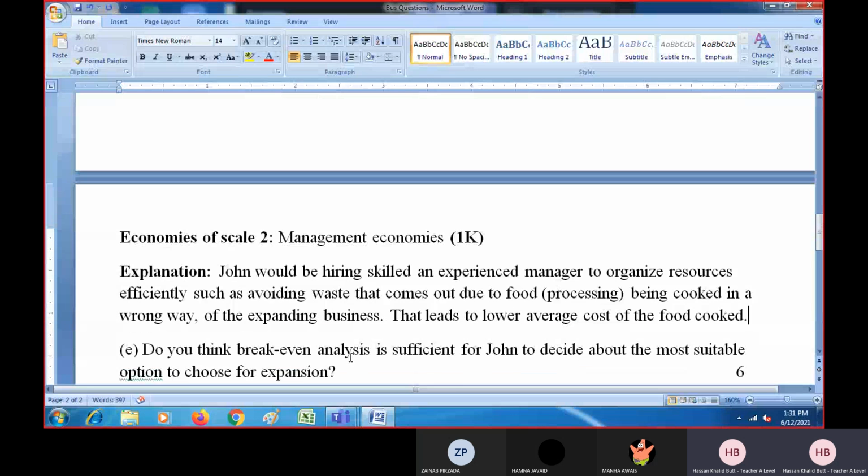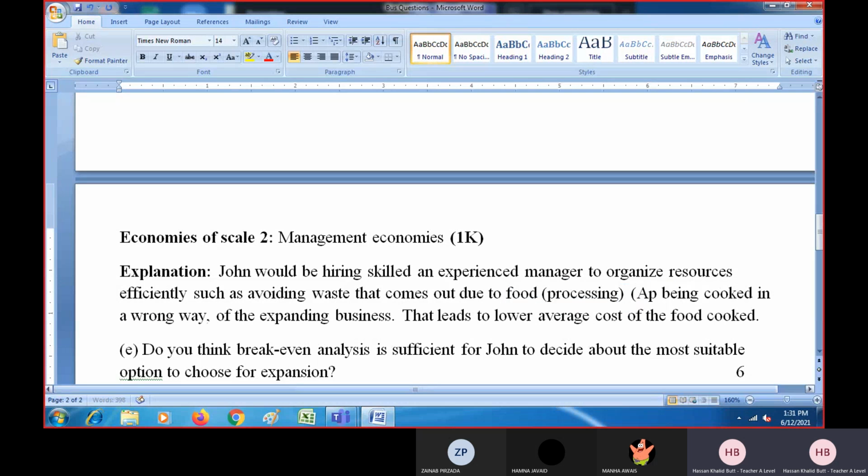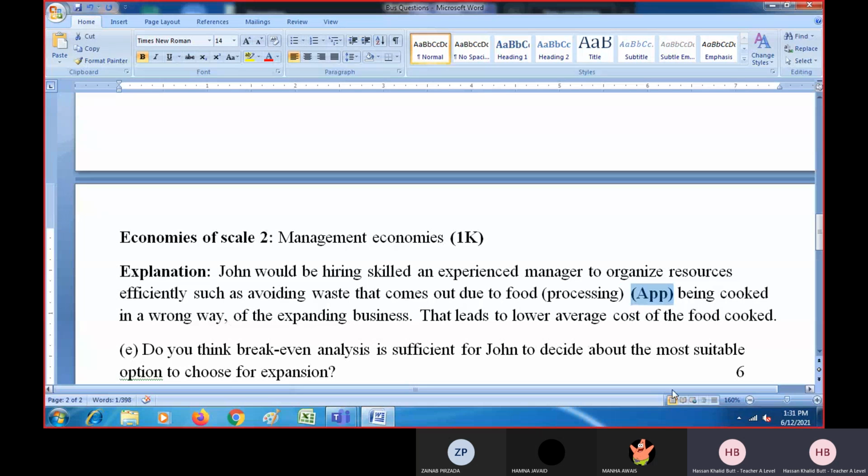So here, because we wrote food processing, okay, even being cooked in a wrong way is actually the application, right? So I can write it there. This is application. Use of the context because it's a food business. It's a restaurant.